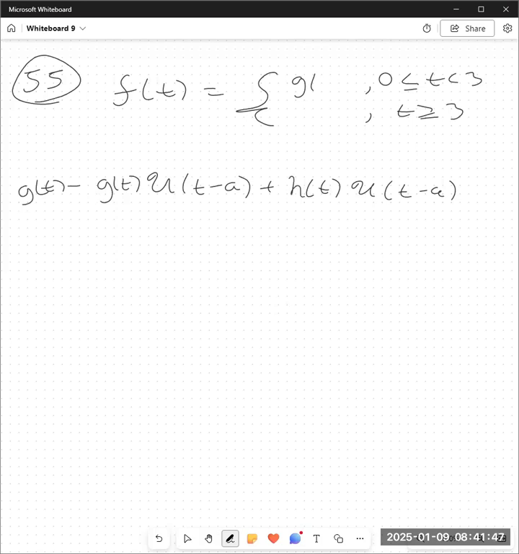H is how they define this in the book, because F is already used up on that side, and this is a.